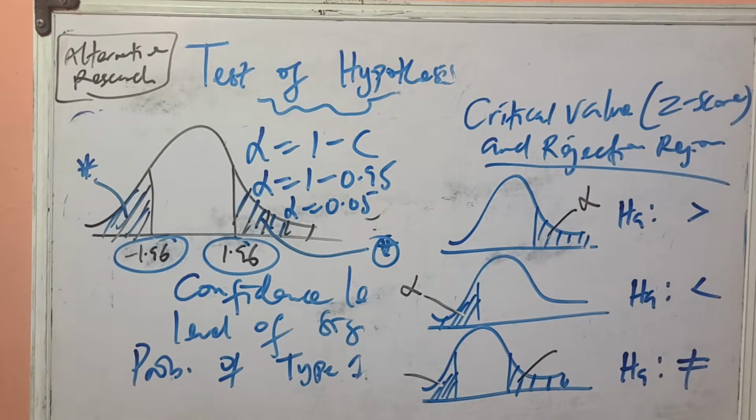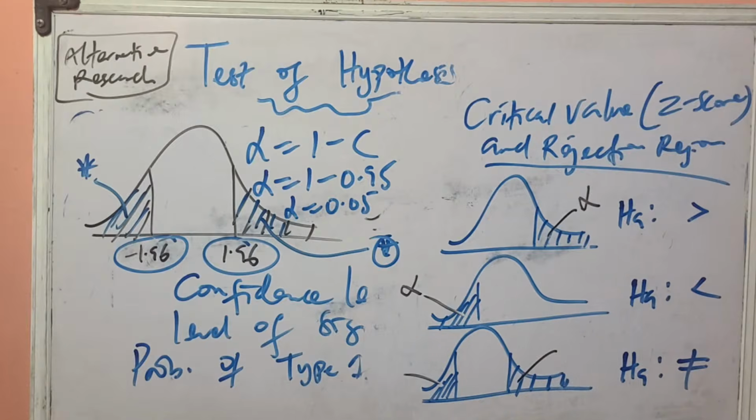I want this to be interactive so that you guys can get the best from it. Look at what I said: the area of the rejection region is alpha. That means the area of the rejection region is the level of significance, if you want to say it that way. So guys, what's going to be the area of this place and this place?